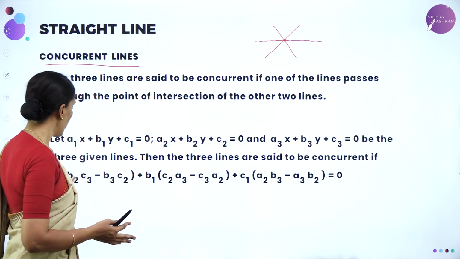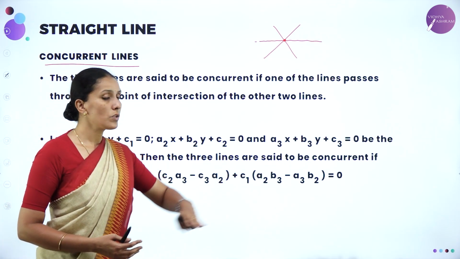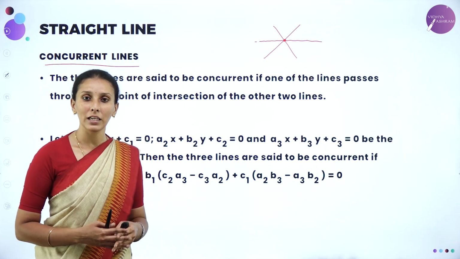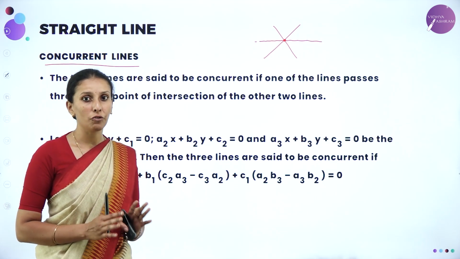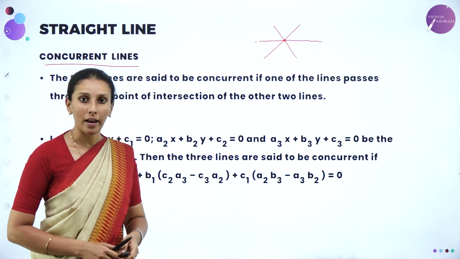In the same way, you need to show that this value becomes 0 so that the lines are concurrent. Or we can also use the linear method of solving simultaneous equations to find the point of concurrence as well as to show that they are concurrent.